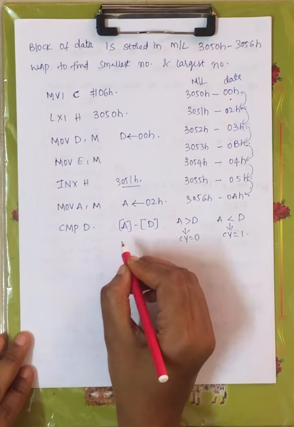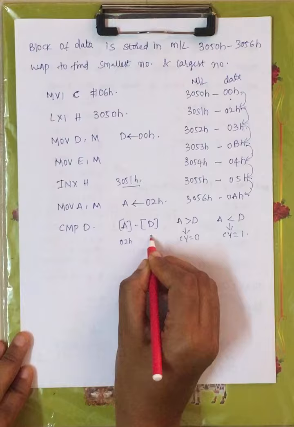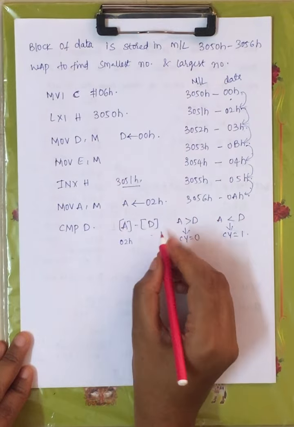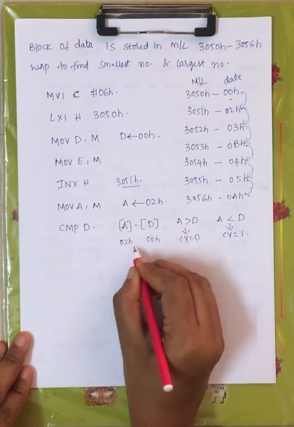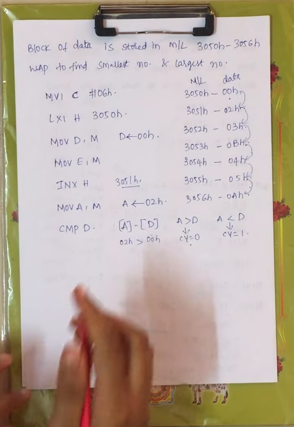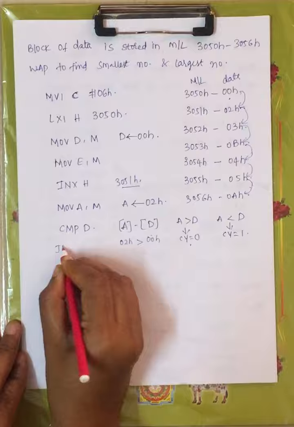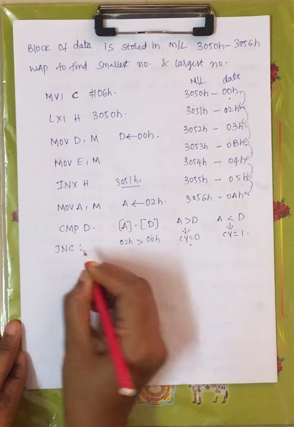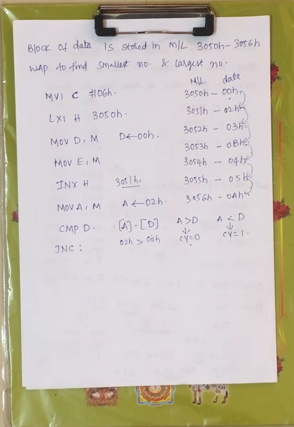Now what is the value of A? 02H. What is the value of D? 00H. Now A is greater than D, so the carry flag is 0. What is the next instruction? Jump if no carry. There may be a chance of getting a carry based on the results of the A and D registers, and there may be a chance of not getting a carry.